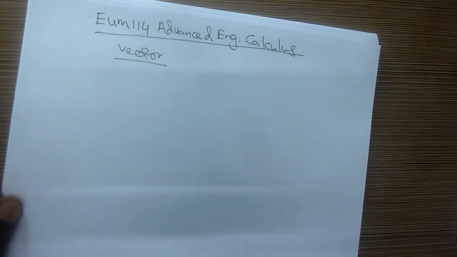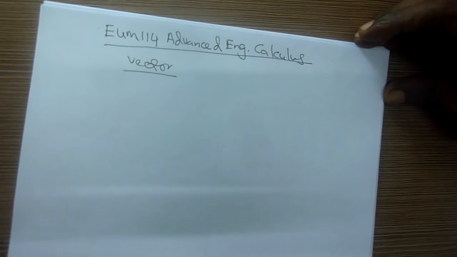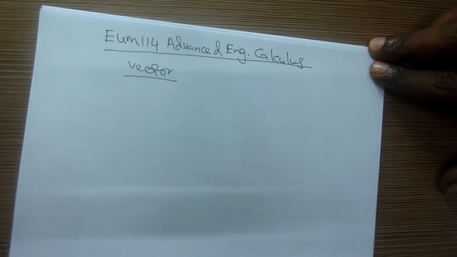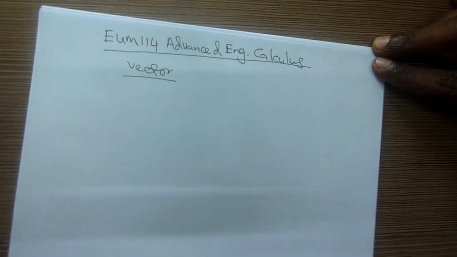Okay. As you all know, vector is one of the important topics in EUM114 Advanced Engineering Calculus, and the topic basically is quite different from what you have learned so far. You have done Fourier series, you have done partial differential equation.